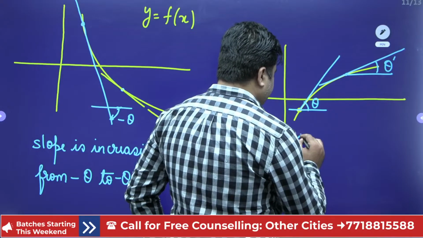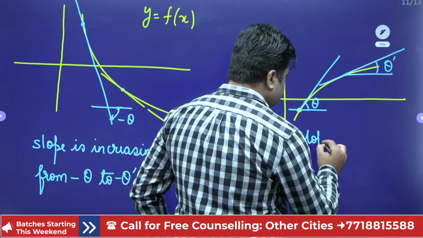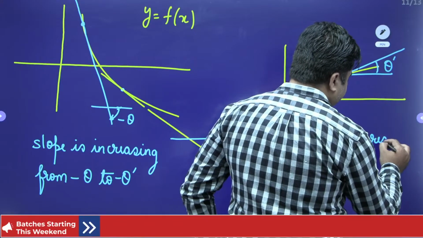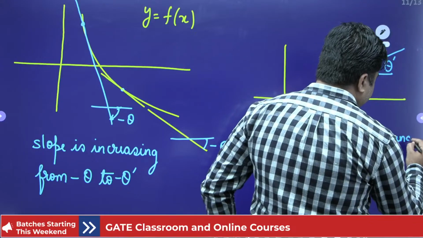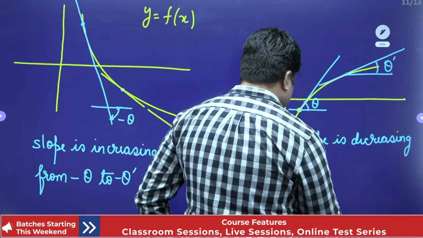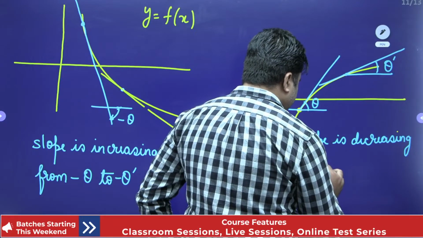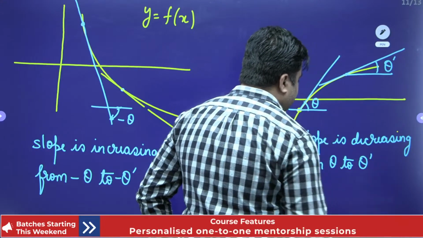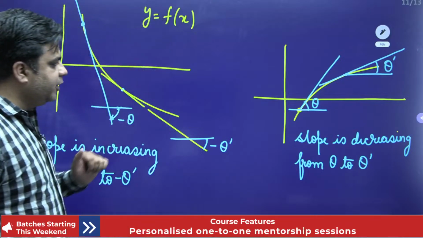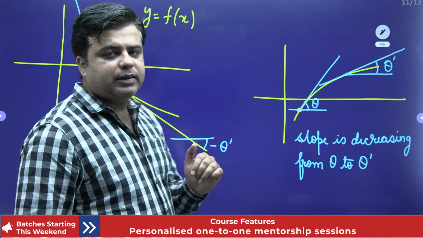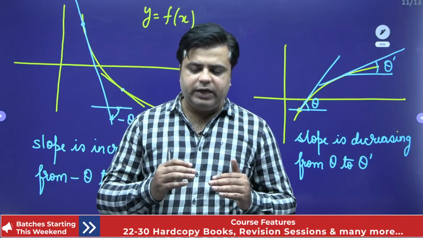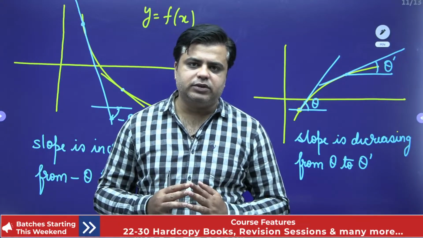So slope is decreasing from theta to theta dash, right? Now, why I am telling you this is, when we discuss shear force and bending moment diagrams, usually we need to interpret between these two diagrams.